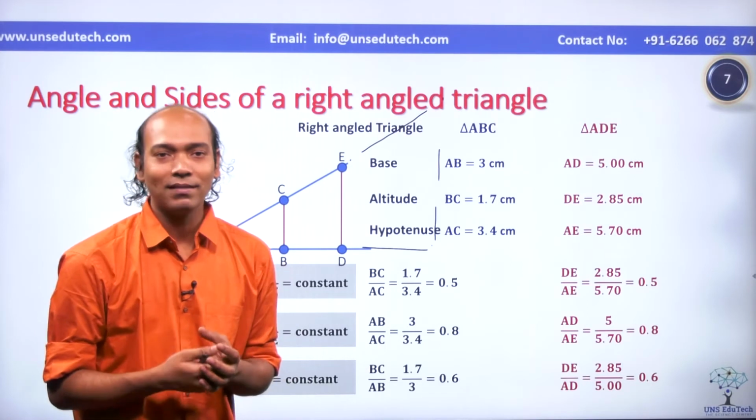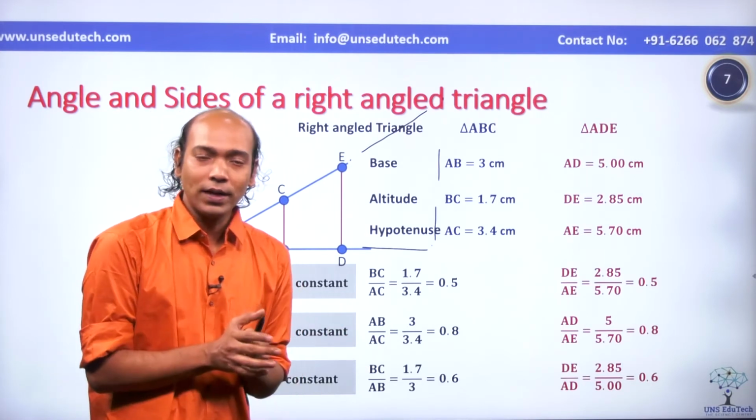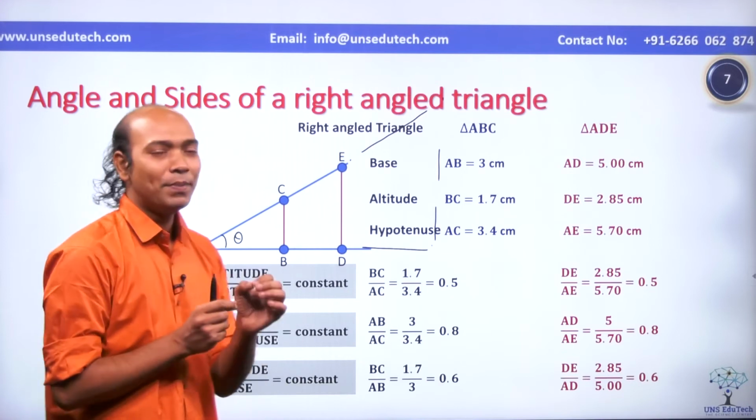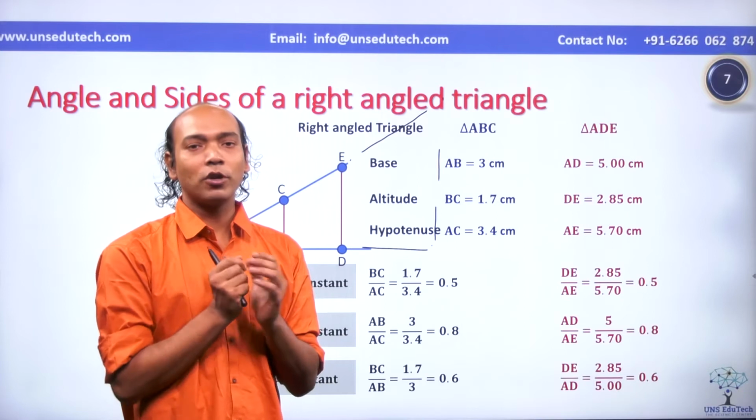So, what does that mean? That can be a property of a right angle triangle, right. For that reason we defined three basic concepts of trigonometry.